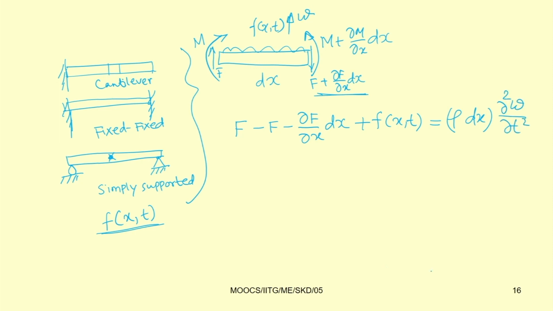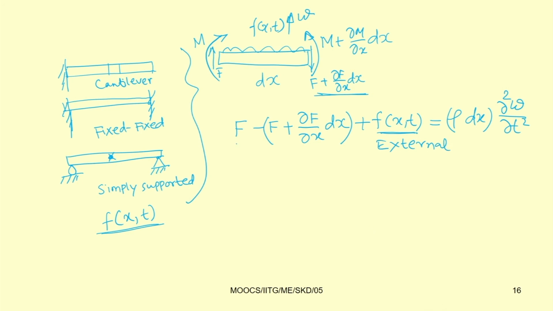By applying Newton's second law, this is the net force acting on the element. It is equal to F plus del F by del x into dx plus f(x,t). This part is the external force acting on the system.